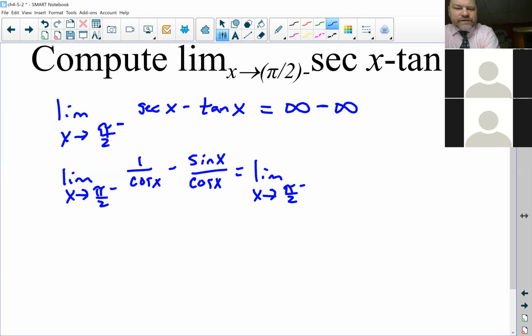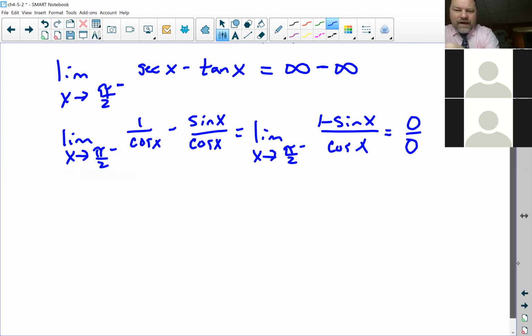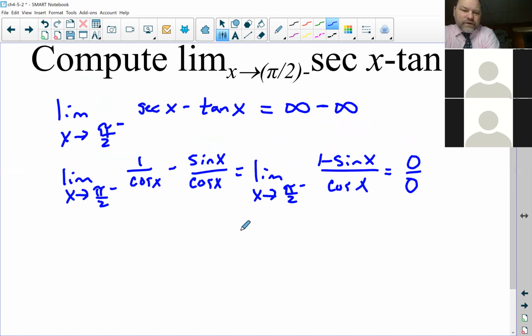So I can write this as 1 minus sine of x over cosine of x. Now, if I plug in pi over 2, I get 1 minus 1, which is 0. Cosine of pi over 2 is 0. Now I have that quotient, so I can use L'Hopital's rule.